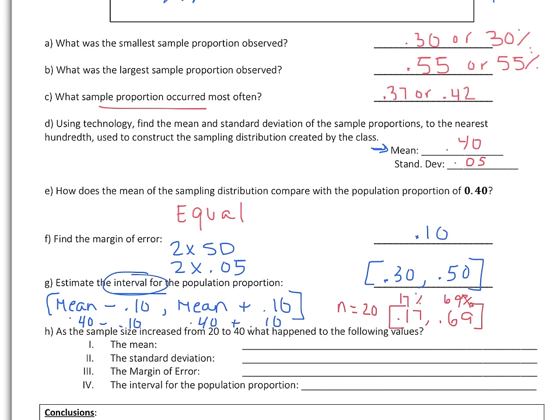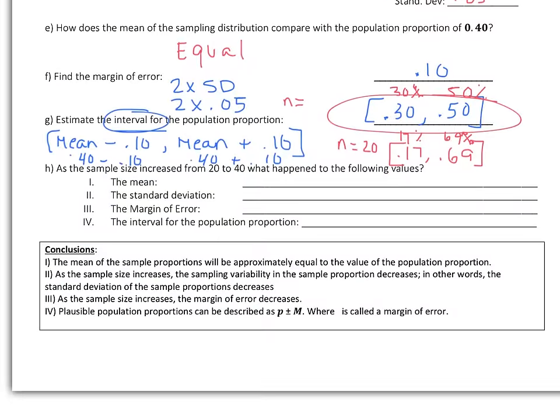And if I increased the sample size, I went from 30% to 50%. So by increasing the n, or the sample size, I've decreased my population proportion interval. So I'm getting closer and closer to the actual population proportion.